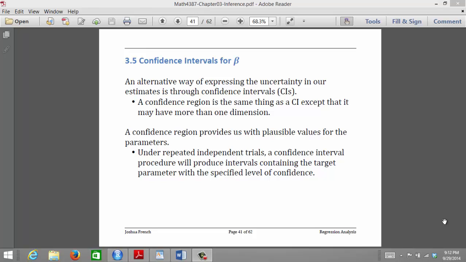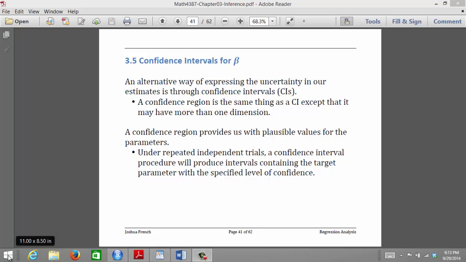Let's say it's 95%. Well, then the proportion of intervals that we construct from our independent samples should contain the true values 95% of the time. So some of our intervals are going to contain the true population values. Some of the intervals are not. But the proportion of intervals that should contain the true population values is going to equal our confidence level.